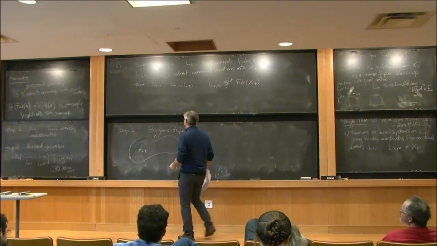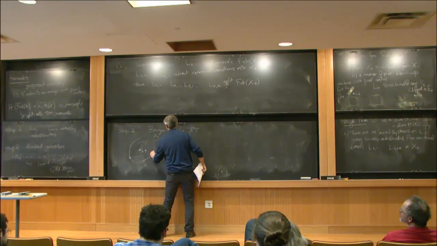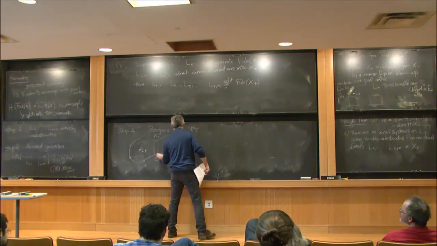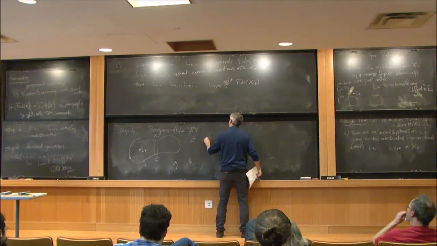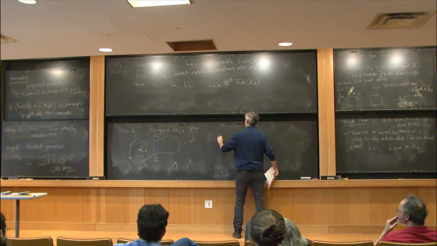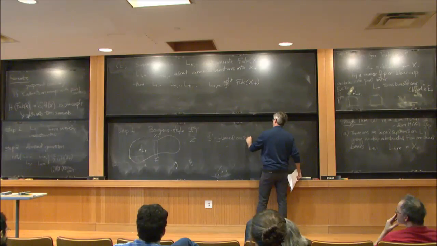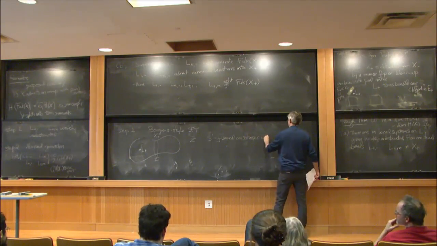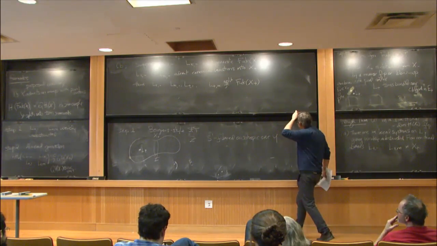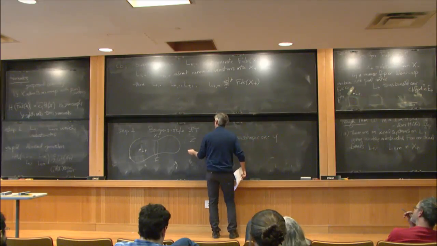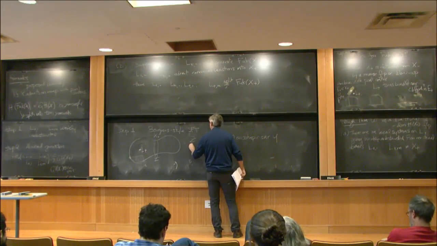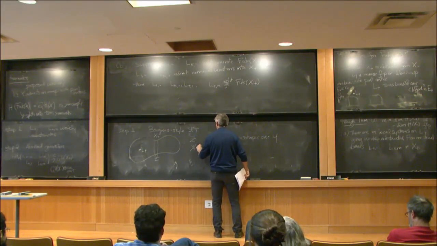And I find a Z, which is an S1-fibered coisotropic over some Y. And so then I can collapse this coisotropic, and I get what's called a broken symplectic manifold.